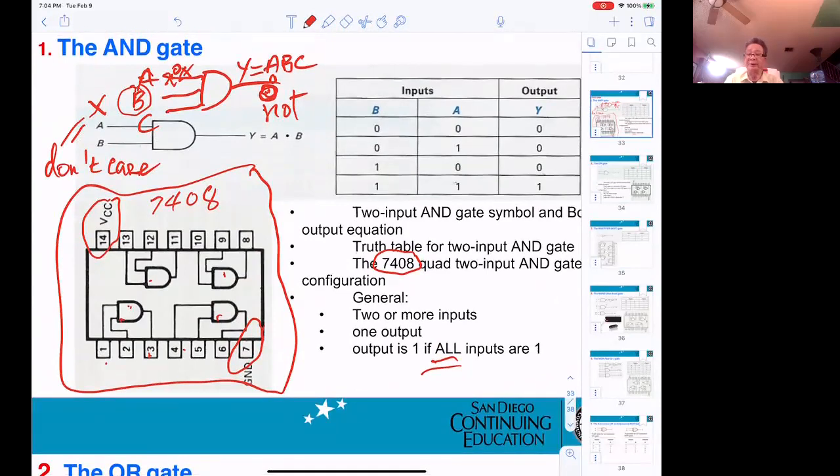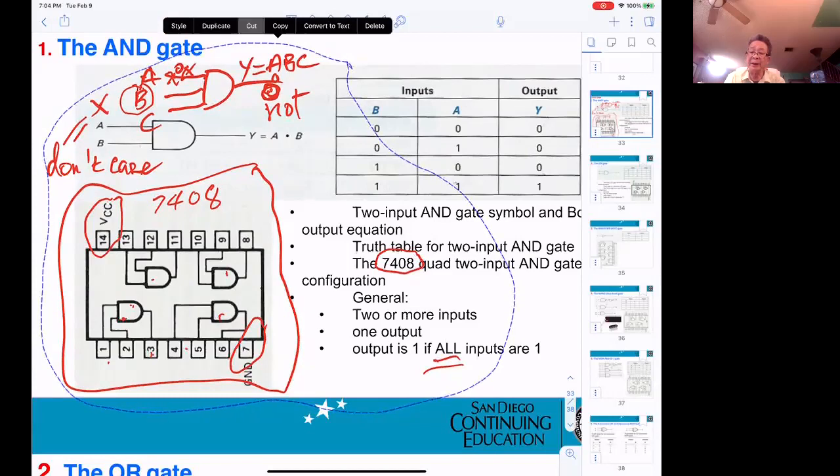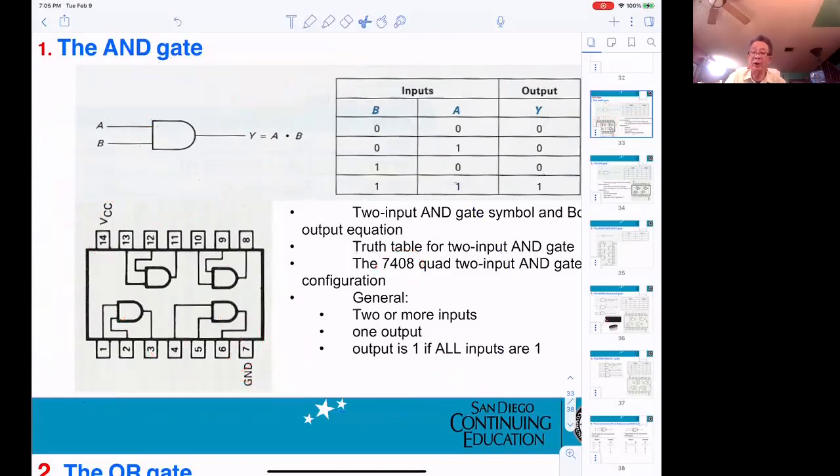Okay, I repeat it. An AND gate gets 2 or more inputs. However, you get only 1 output. The equation will be A and B. The truth table tells you, given inputs A and B, what the output is.